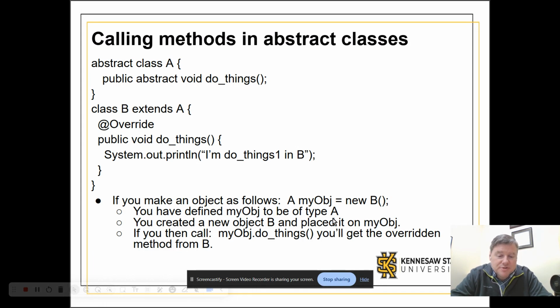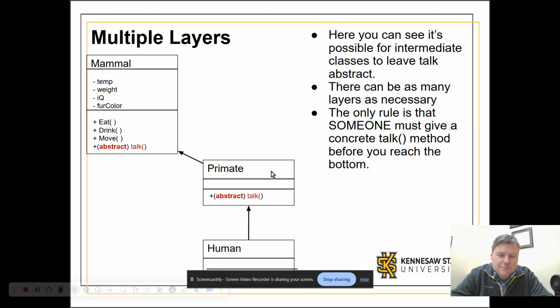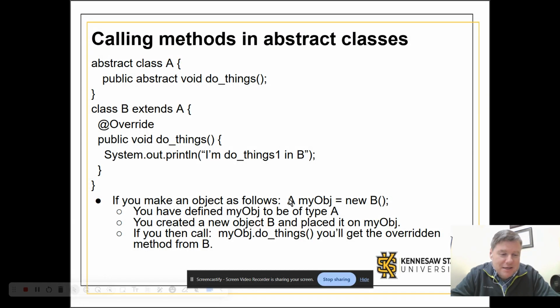At this point, I'm allowed to say myObject, which is the name of my variable, dot doThings, and I will get the overridden method here in B. It'll print out "I do things 1 in B," which is a bit weird. Yeah, there probably shouldn't be a 1 there, but "I do things" in B.